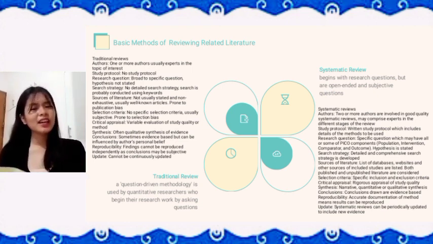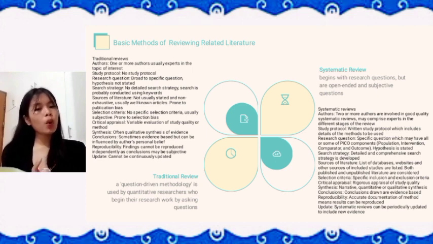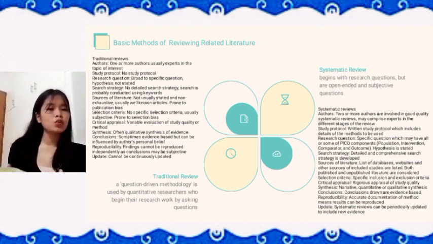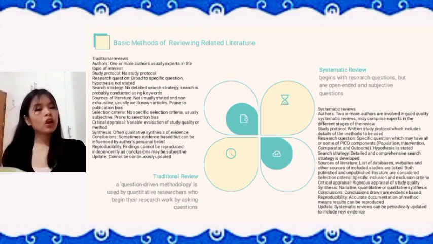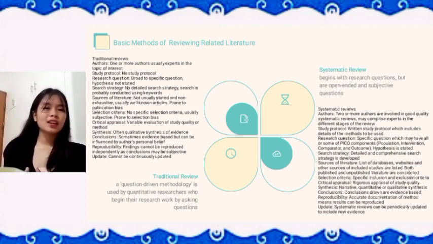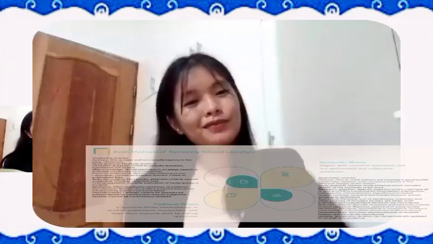On the other hand, systematic review, likewise in qualitative research, begins with research questions, but these are open-ended and subjective questions, in contrast to quantitative questions that aim at obtaining exact, specific, and objective answers whose origin or sources are easy to trace.